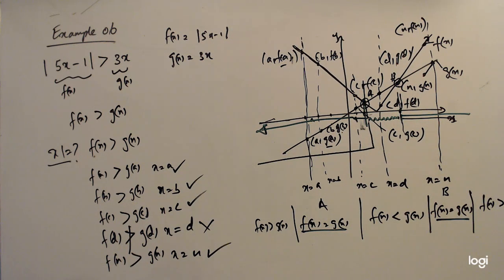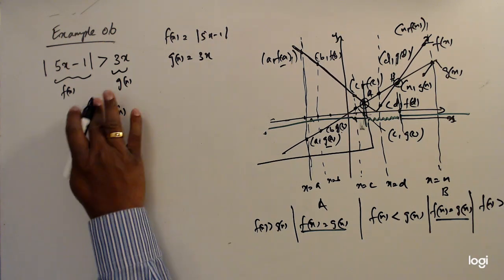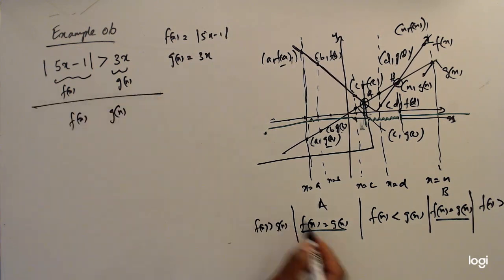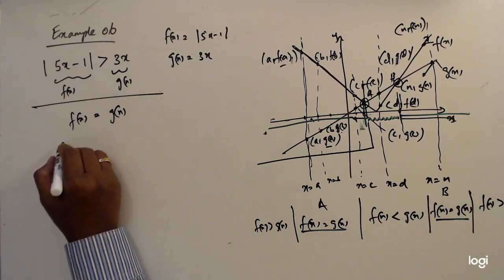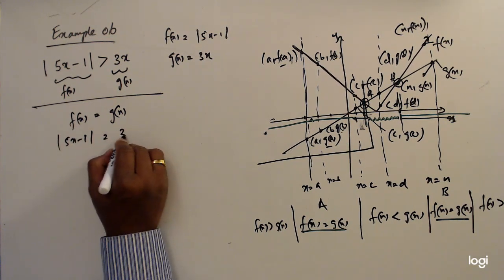So at that point, mod 5x minus 1 equal 3x.